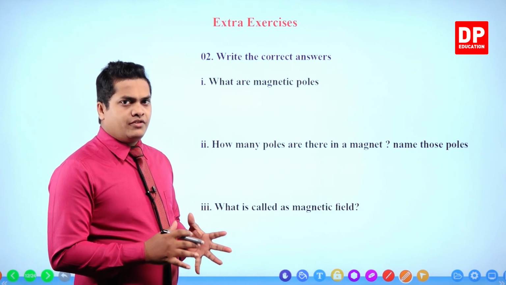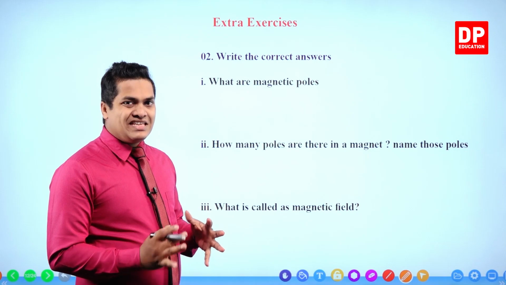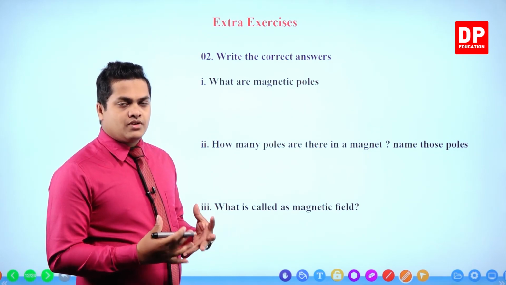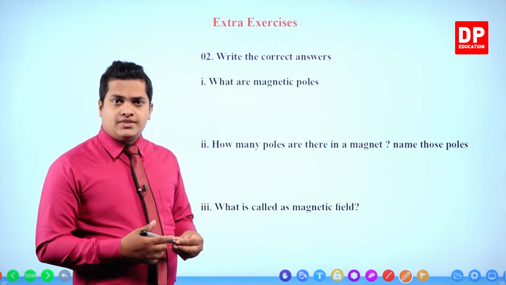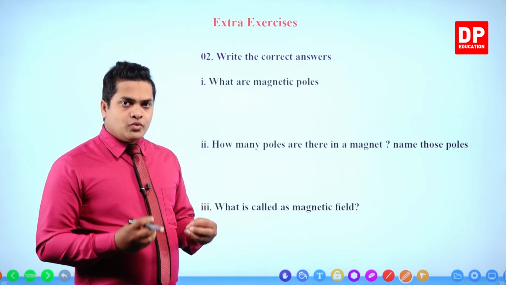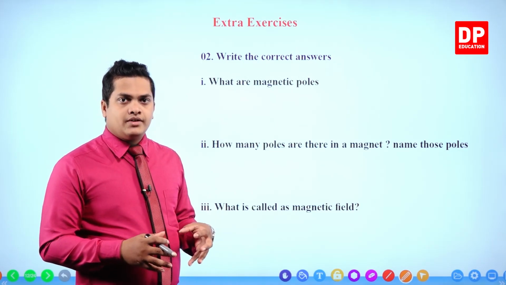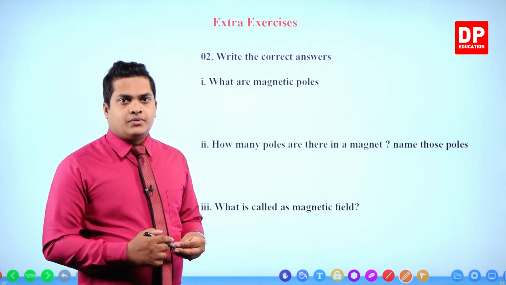So you know that if you take a bar magnet, the magnetic poles are located at either side, I mean at the two ends, right? You can observe the magnetic poles. So what are these magnetic poles then? Magnetic poles are the two ends, or else we can say the area of a magnet which has the highest magnetic power, right?